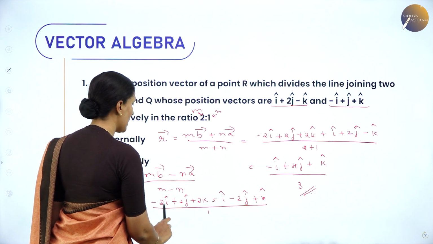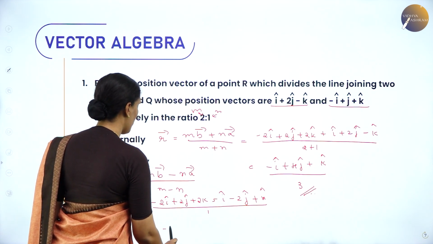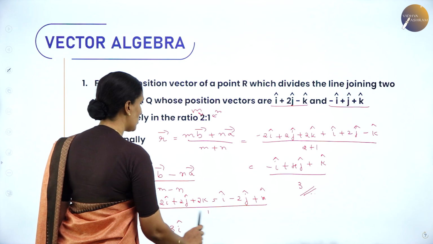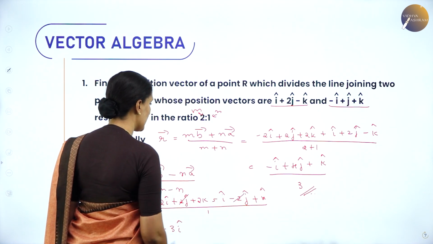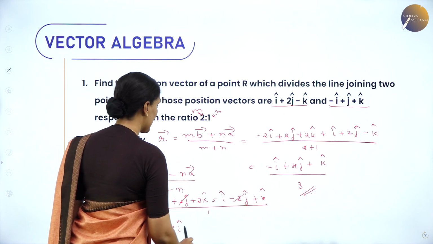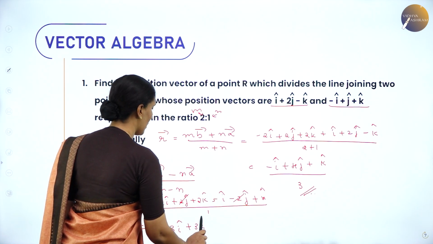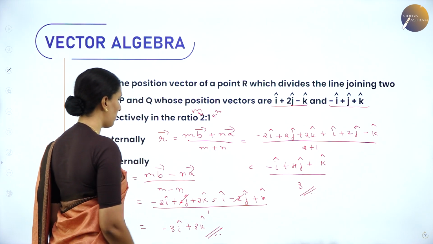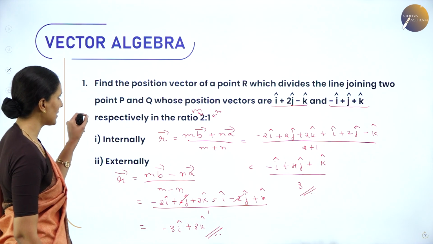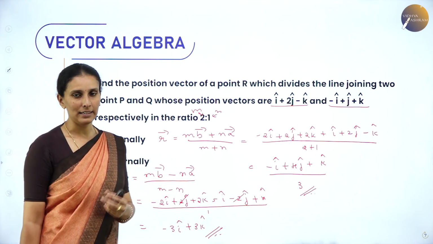So it is minus 2i minus i, which is minus 3i, the 2j minus 2j cancels, and 2k plus k becomes plus 3k. So this is the position vector of the point R which divides the line segment PQ externally.